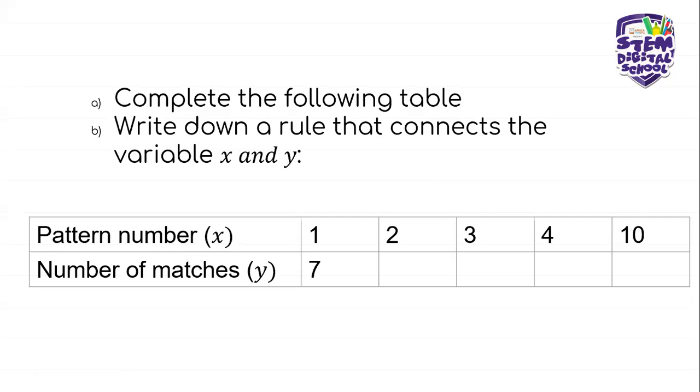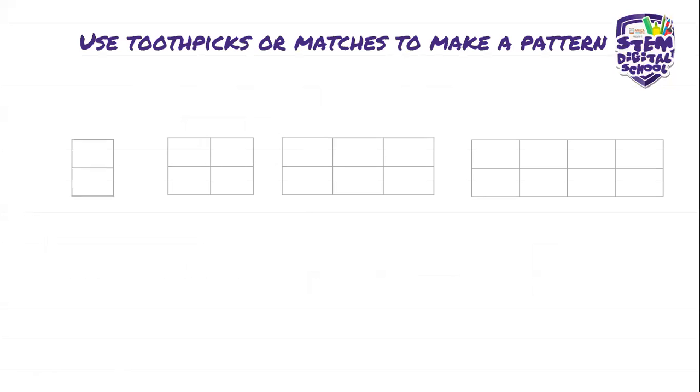So the number of matches, or rather toothpicks in the second diagram will be 12. But in the first one, there are 7. Now, I want you to check the third one and tell me how many are they in the third one. If you can just calculate this box here, or this diagram, how many toothpicks are there?